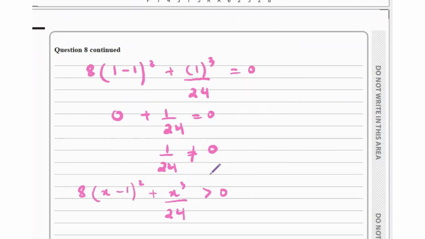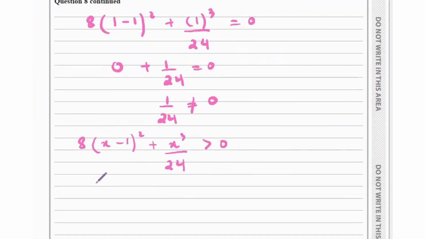But since one part is 0 and one part has a value greater than 0, when we add them, it is not equal to 0, which means they don't intersect. So hence, they don't intersect. That's your answer.